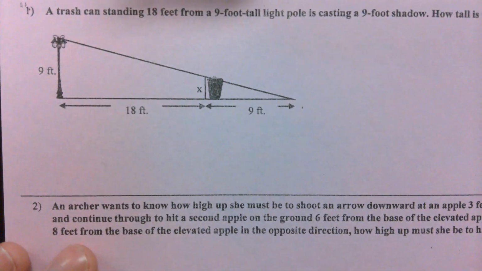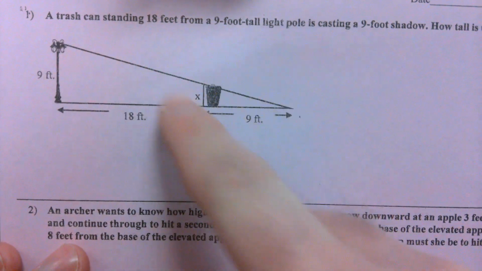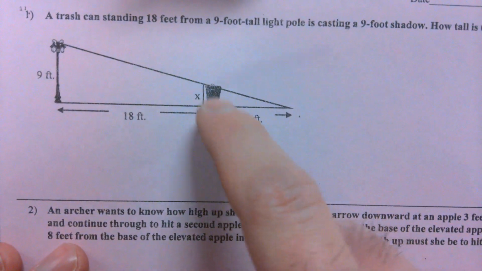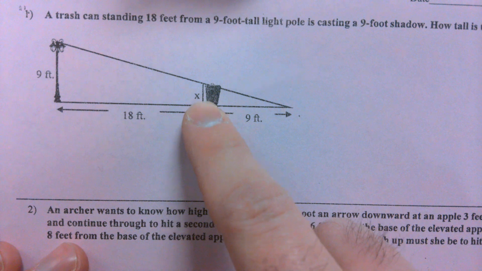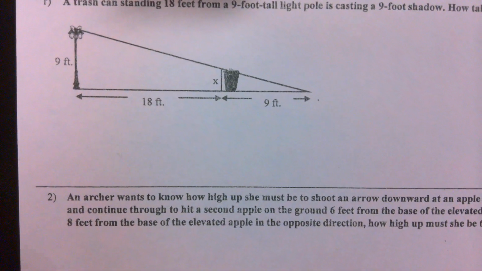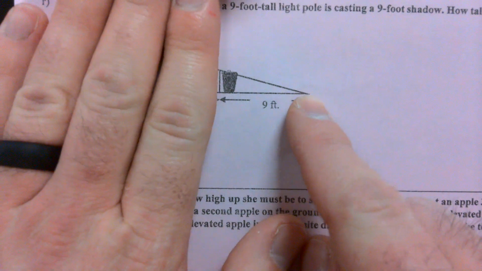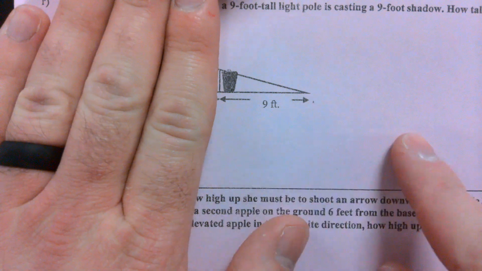If I'm looking at number 1, I've got a street light casting a shadow over a trash can. And we've got to find the height of the trash can. What's the height of the street light here that you see? 9 feet. How long is the trash can's shadow? 9 feet.